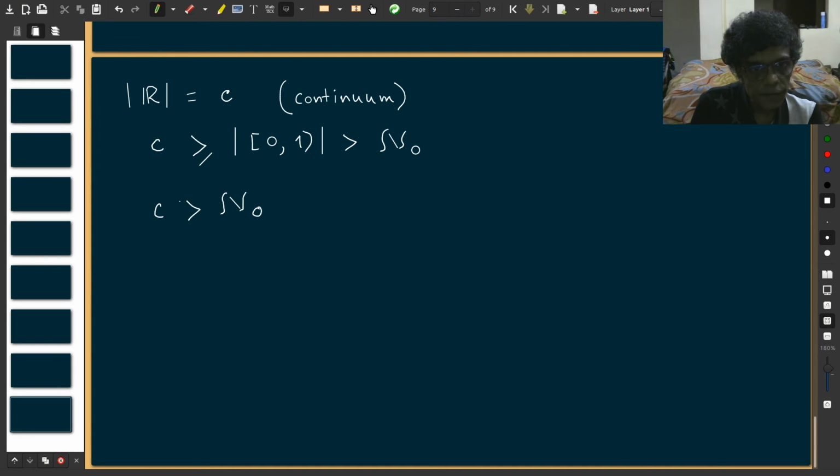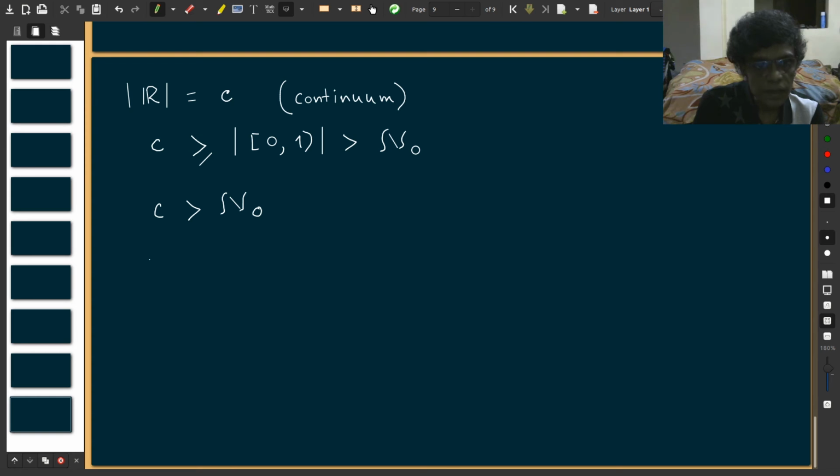This is the countable infinity and this is one particular uncountable infinity, that is the size of the real numbers. Now, I will show that even though this is a tiny part of the entire infinite real line, the size of this is also equal to C. Okay.